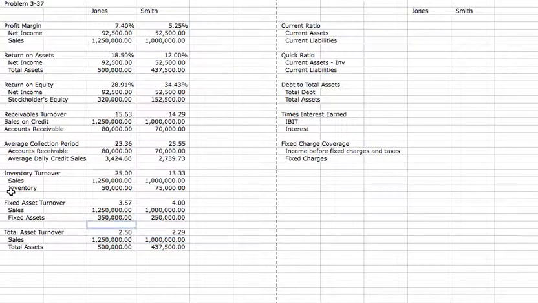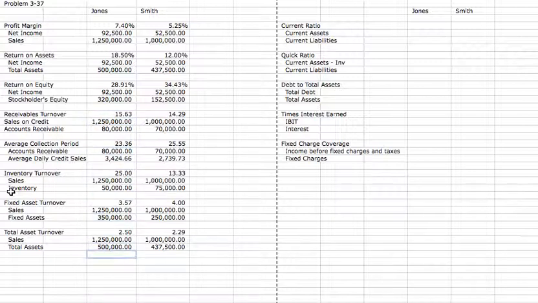Alright, and again with these turnover figures, just like inventory and receivables, the higher the number the better. That means the more frequently those resources are being used and turned over. So you can see Jones has a better total asset turnover figure, not as good of a fixed asset turnover figure, but that's probably because inventory turnover is so high for Jones and receivables turnover is so high.